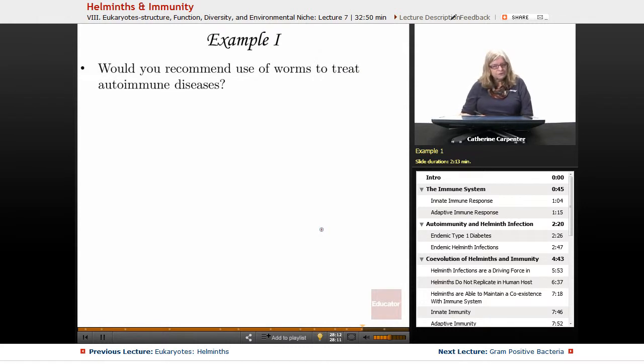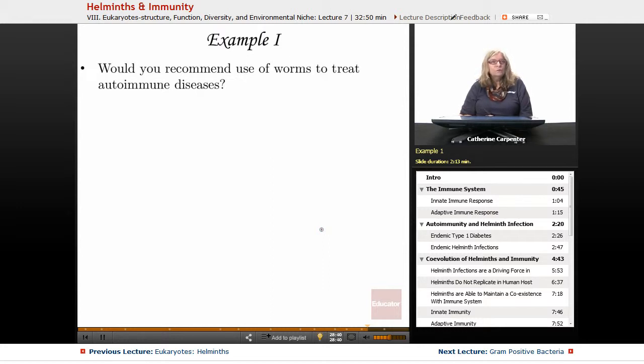So the first question, would you recommend use of worms to treat autoimmune diseases? Boy, isn't that the $1 million question. Well, I'm telling you, I like to include the underground story, right? Apparently there are these clinics in Tijuana, Mexico, that are actually treating patients with autoimmune diseases with various types of worms.